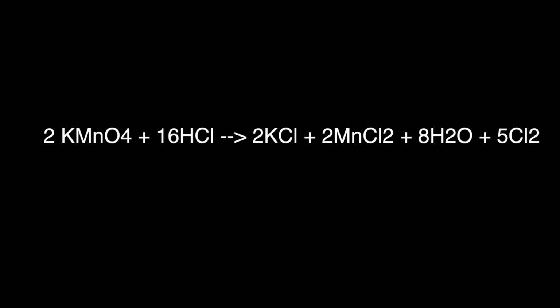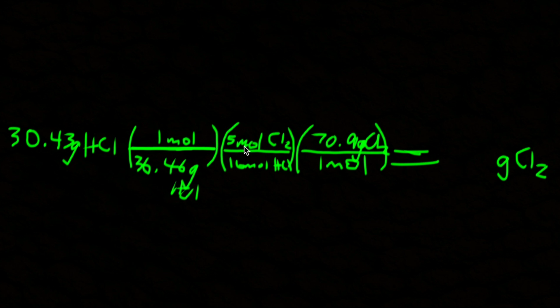Do number 5 first. Okay, so how we're going to go through with this is we're going to start with grams of HCl, and there's grams of HCl on the bottom, so we're going to cross those two out, and then you're going to divide 30.43 by 36.46. Once you get that number, you multiply it by the mole ratio. The mole ratio is how we're going to get to Cl2. So once you get that number, you see it becomes moles.